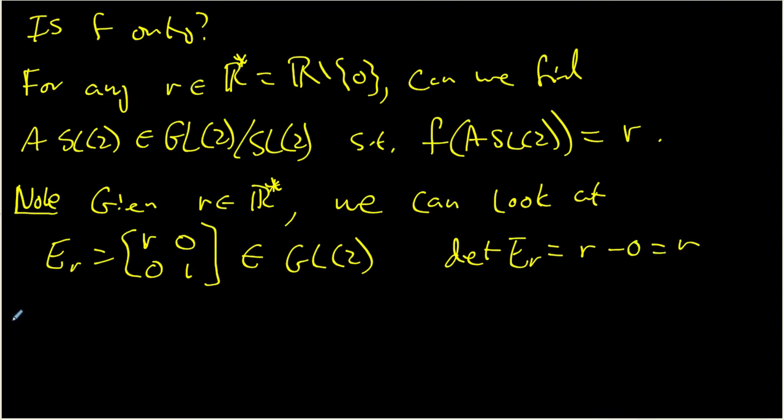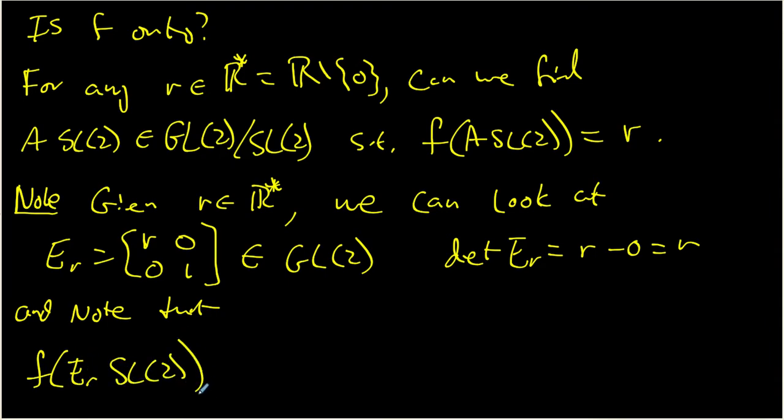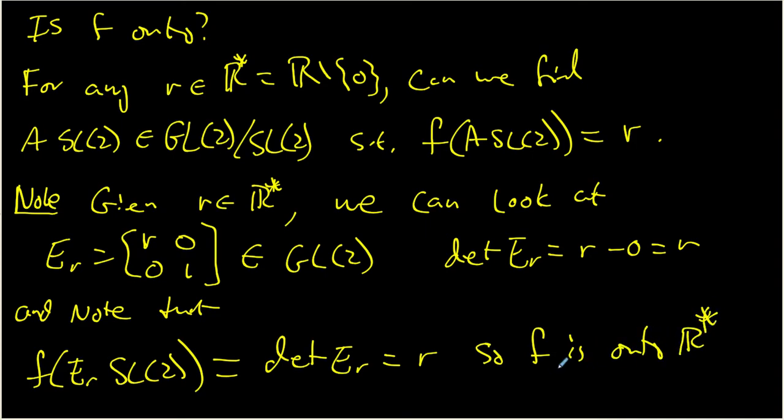And so we can look at this guy and note that f of E_r times SL2, that particular left coset, is just going to be the determinant of E_r, and the determinant of E_r is certainly r, and so that lets me conclude f is onto R star. So we now have a function that is one-to-one and onto from the quotient group to the non-zero real numbers.